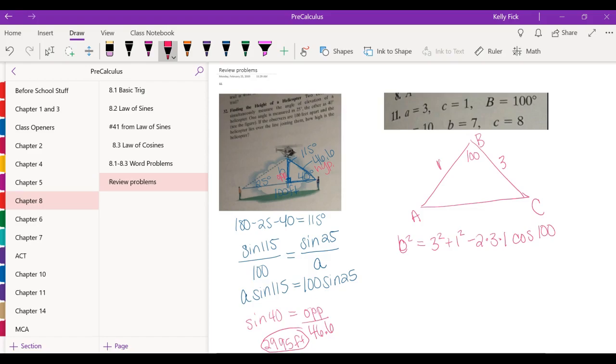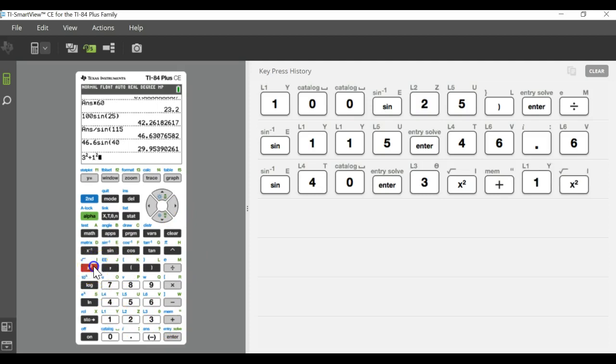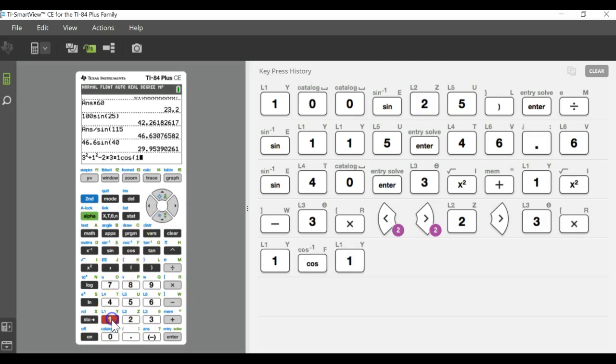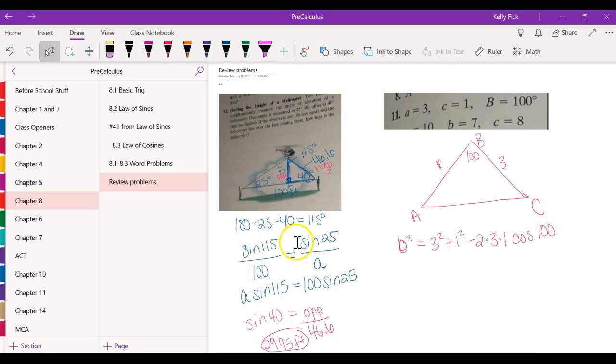Okay, so I'd type this side in. So I get 3 squared plus 1 squared minus 2 times 3 times 1 cosine of 100. Gives us this, so 11.04.